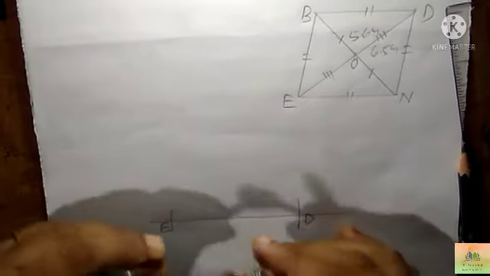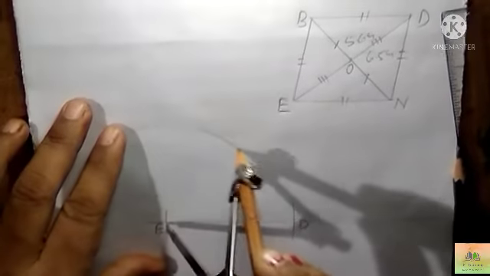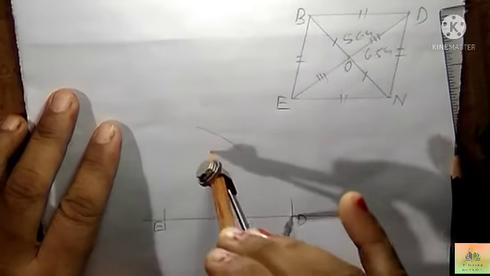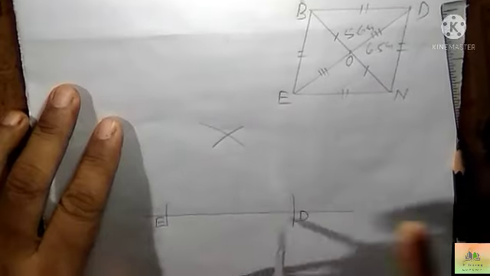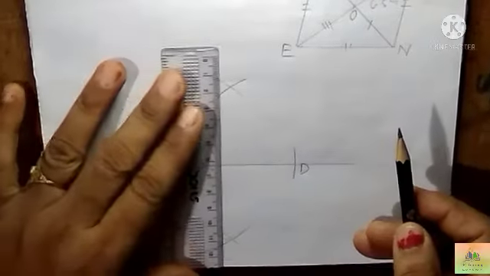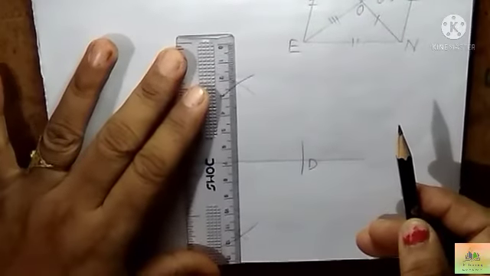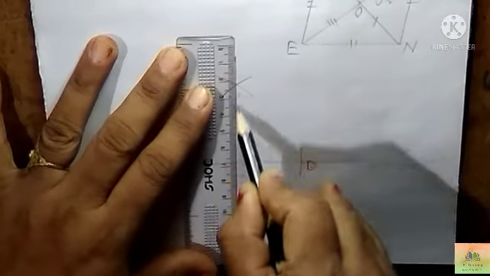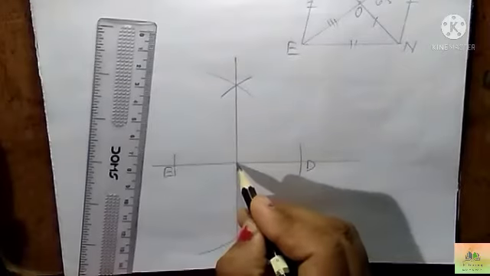Then we draw the perpendicular bisector of ED. We draw the perpendicular bisector of ED. Okay, then we join the line passing through ED. So which point is this?